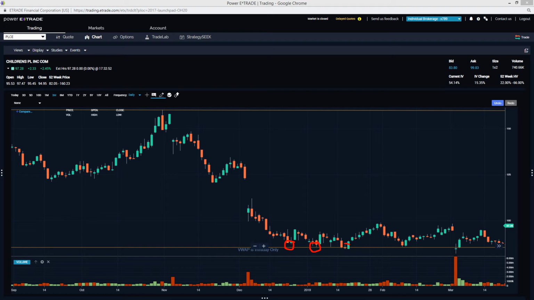It goes from 85 almost to 100, comes back down to 85, almost back up to 100, 85, and it bounces. Again, this is a support line where the stock is being held up and the buyers are overthrowing the sellers, keeping that stock above that $85 price.